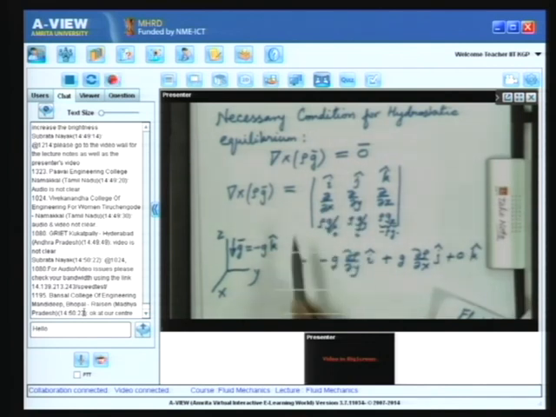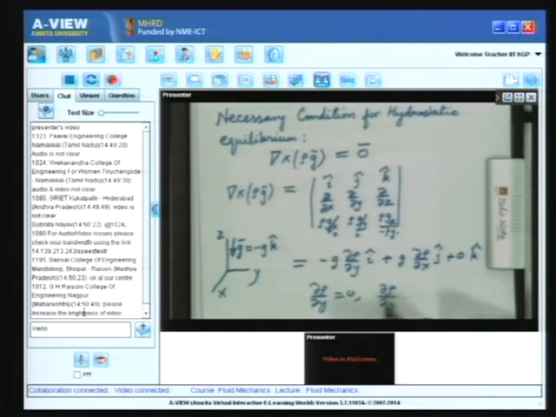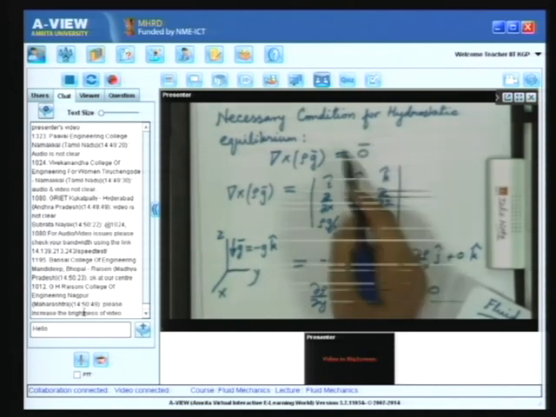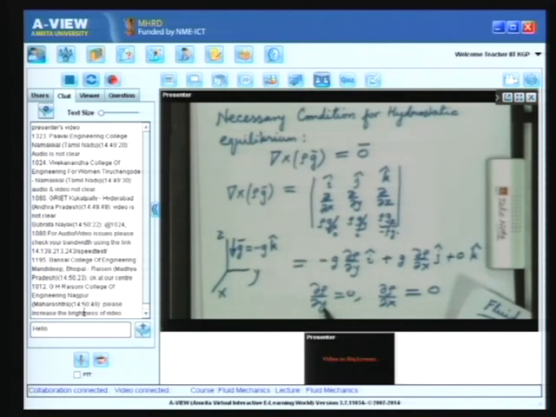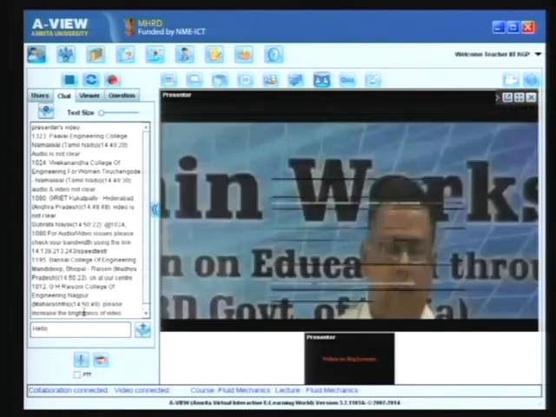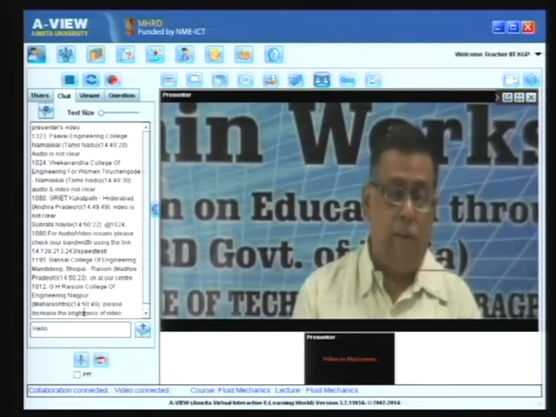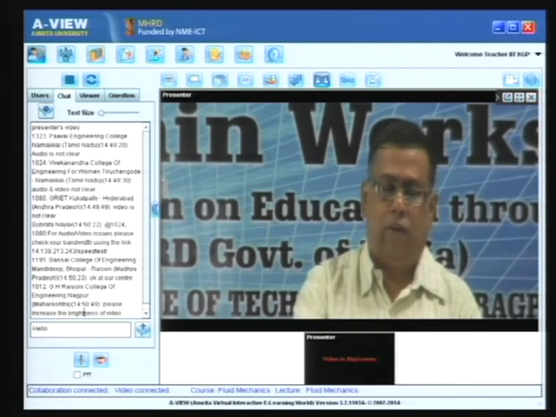So, if curl of rho g is 0, it means that del rho/del y must be 0 and del rho/del x must be 0. Now, you see from this figure that the xy plane is the horizontal plane. So, the condition that has come out is that the horizontal gradient of the density must be 0. So, if density varies in the vertical direction only, then it is possible to have a hydrostatic equilibrium.